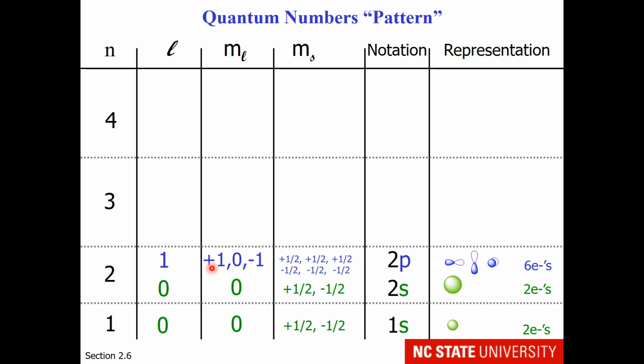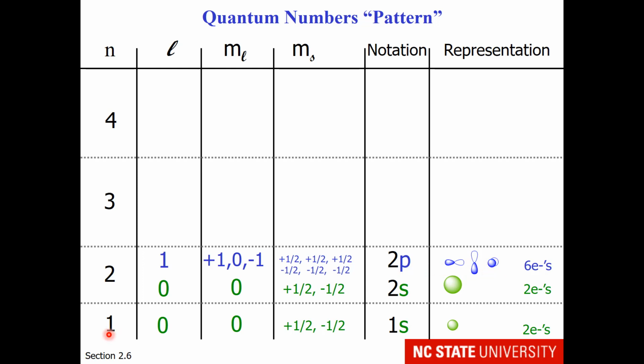And for each value of m sub L, m sub s can have plus 1/2 or minus 1/2. So you notice these numbers offer different sets, 6 of them actually, to hold 6 electrons. We call this set of orbitals the 2p sublevel.